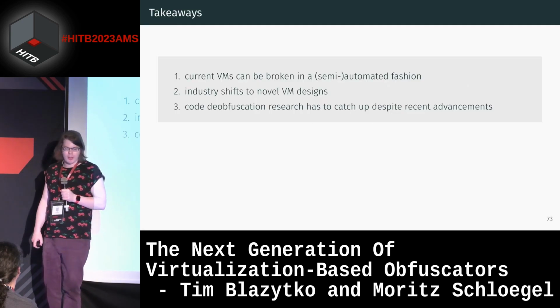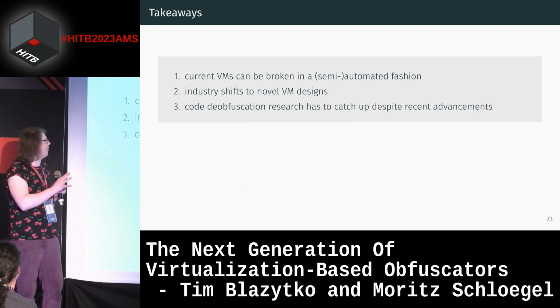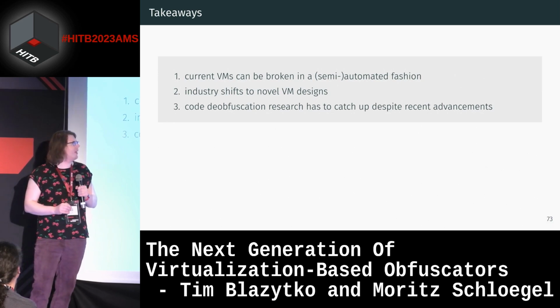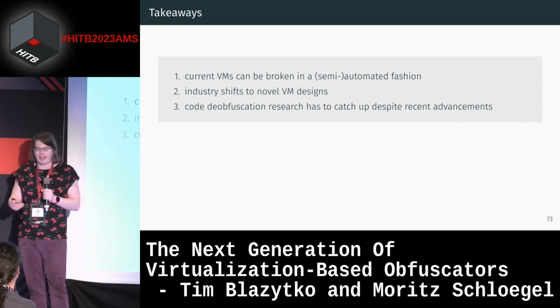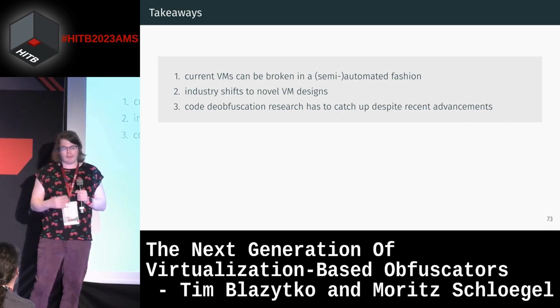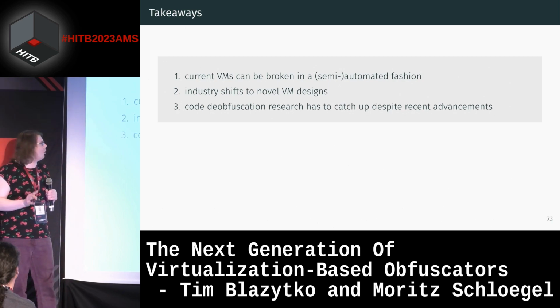To conclude, there are three main takeaways today. Current VMs can be broken more easily, in the sense that there is tooling and the approaches are known; it just takes time in a semi-automated fashion. So most of the VMs out there can be broken.